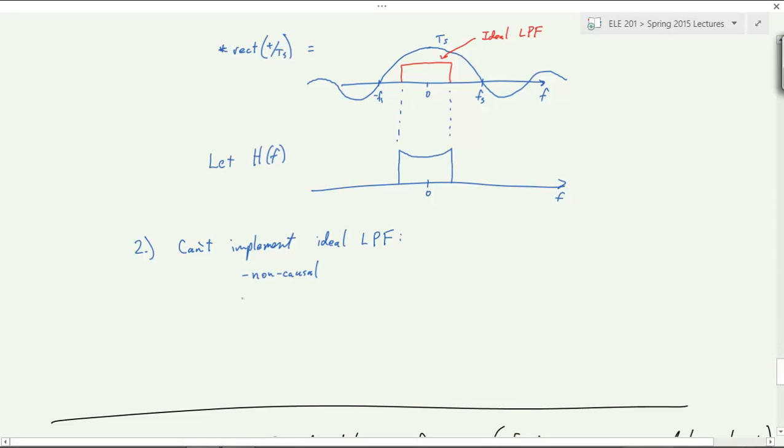Maybe a bigger issue is that the output depends on samples that are arbitrarily far away in time, because sinc dies off. Not only does it depend on them, it depends pretty strongly. Sinc dies off rather slowly.